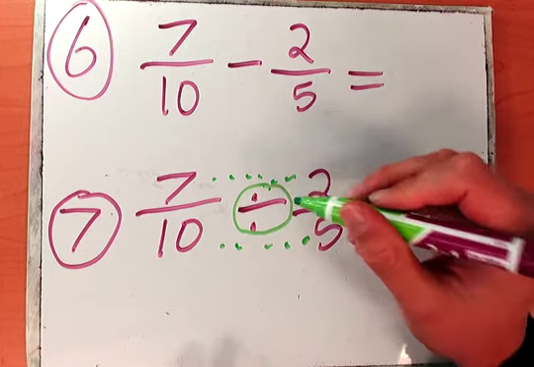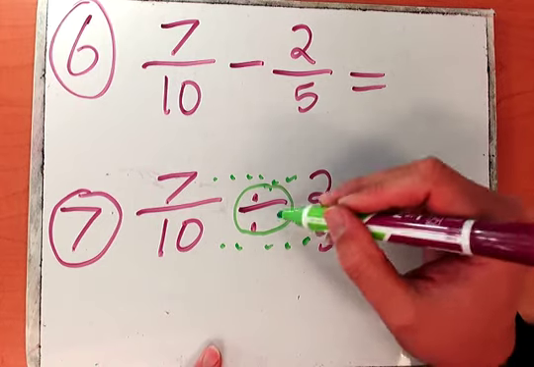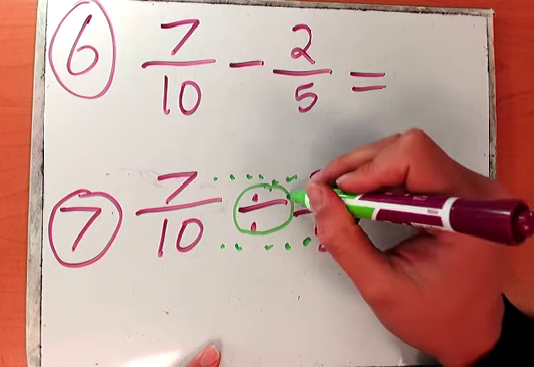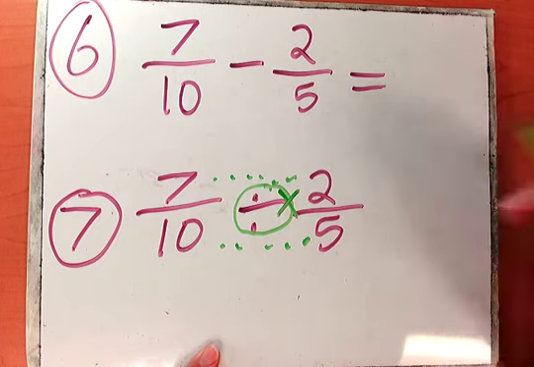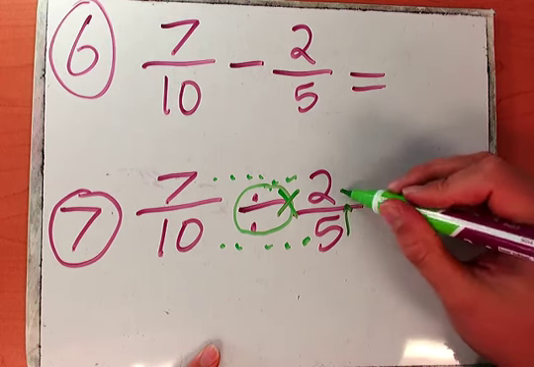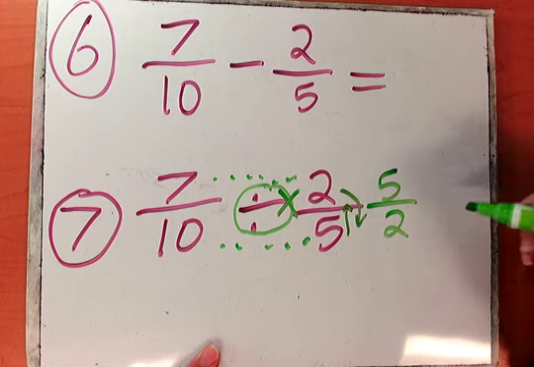And it sounds kind of ridiculous, but it just works. Whenever you see division, the only thing you have to do is you change division to multiplication and you flip the bottom and the top numbers there. So this comes up, this goes down, and we actually have 5 over 2.